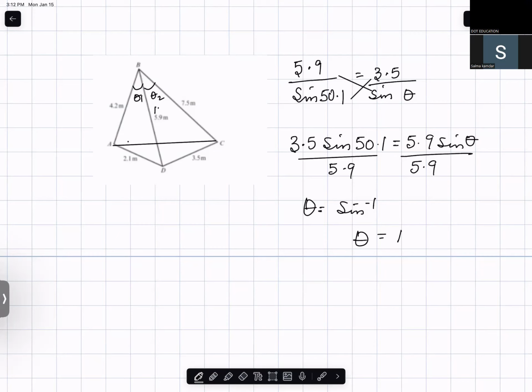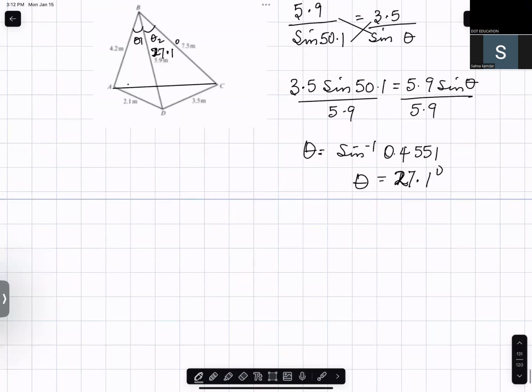This gives 0.4551. So shift sine inverse of 0.4551 gives 27.1 degrees. So my theta at that point is 27.1 degrees. Sorry, that was a slight mistake on my part.